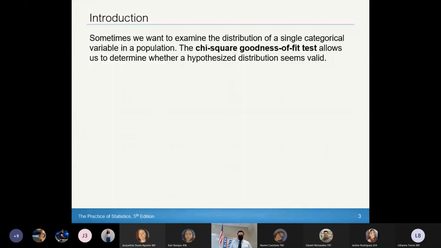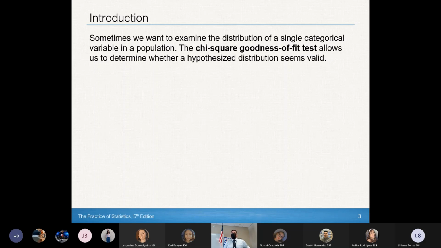So sometimes we want to examine the distribution of a single categorical variable in a population. The example they're going to use here is the mixture of M&Ms. We get a bag of M&Ms. What's the distribution of the colors? The categorical variable is the color of the M&M.